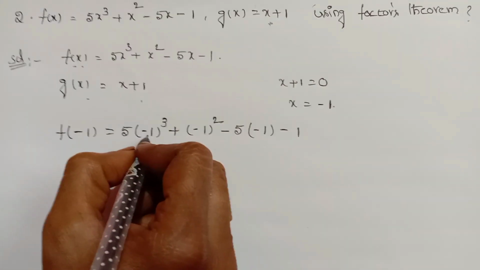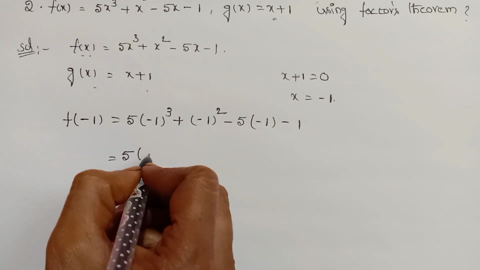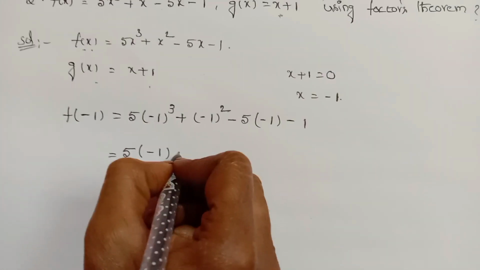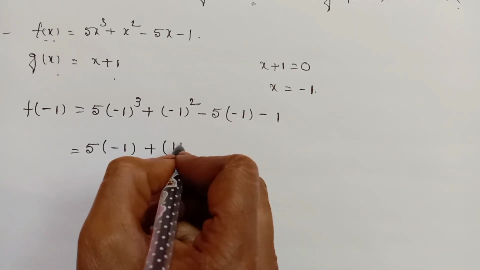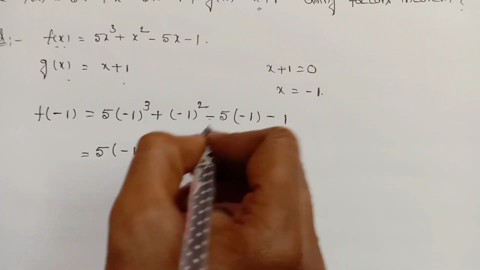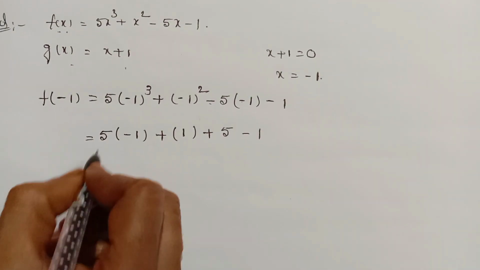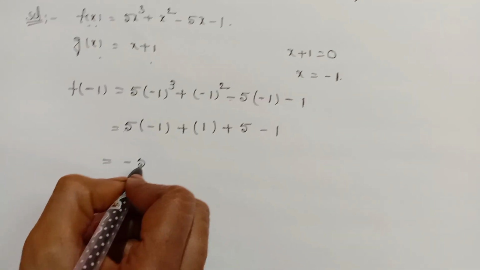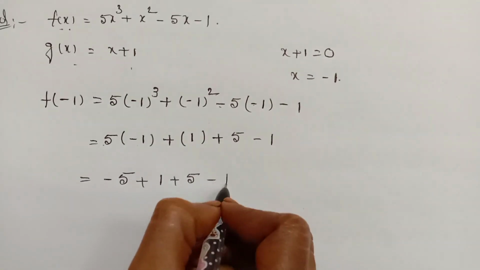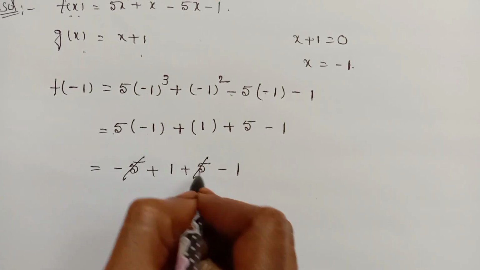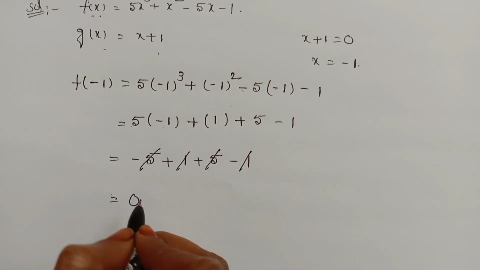That is minus 5 plus 1 plus 5 minus 1, which is equal to 0.